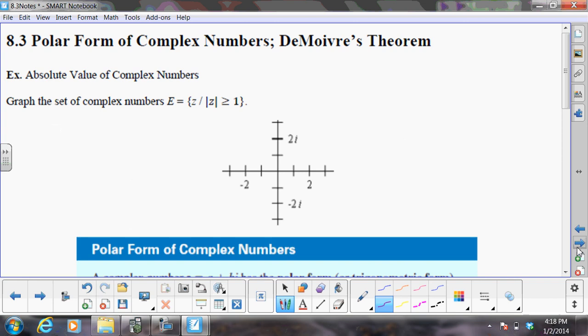On the back, graph the set of complex numbers z where the absolute value of z is greater than or equal to 1, which is actually a circle at the 1s. So here's a dot, here's a dot, here's a dot. It's got the equal to part, so it's an actual circle. And since we're talking about greater than, oh, yeah.